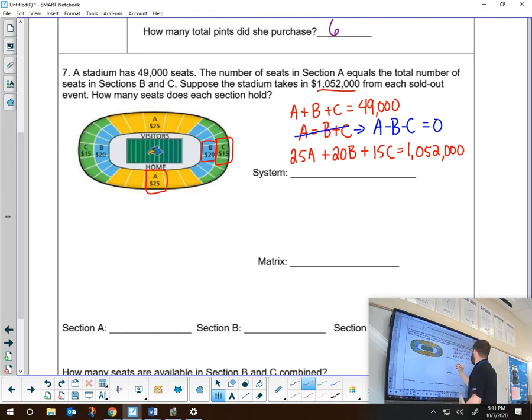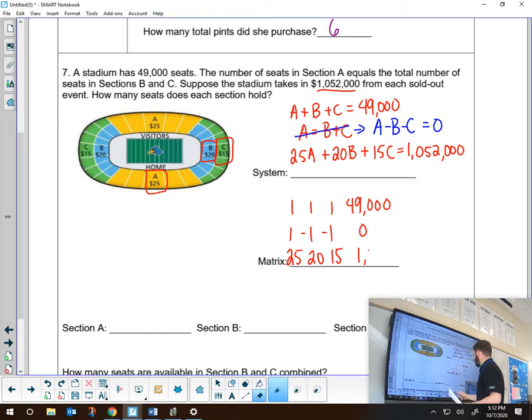My matrix is going to be 1, 1, 1, 49,000. It's going to be 1, negative 1, because there's a negative 1 in front of this B, negative 1 in front of this C. And then we're going to have 0. And then we're going to have 25, 20, 15, and 1 million, 52 thousand.